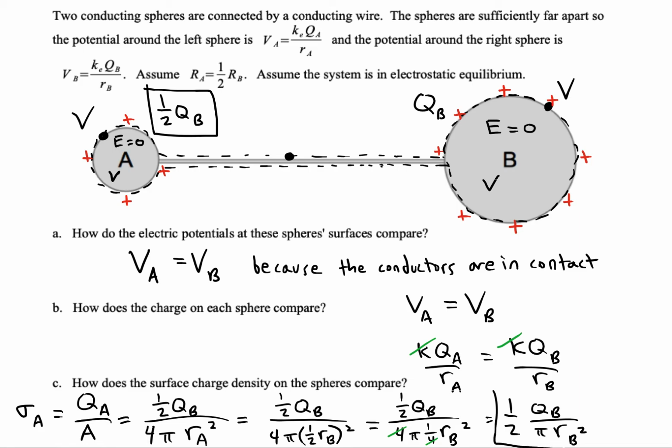That is an expression for the surface charge density of A. And now let's compare it to the surface charge density of B. Well, that would simply be the charge on B divided by 4 pi times the radius of B squared.